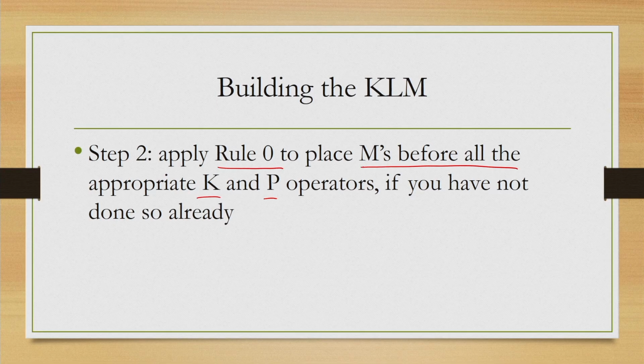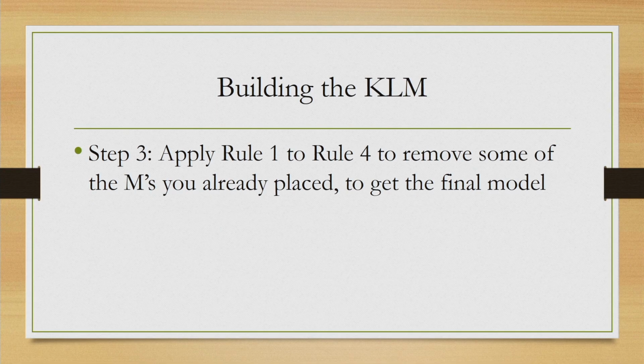So, we apply rule 0 to complete this. And then in step 3, we apply the other rules, rule 1 to 4, to remove some of the M's that need to be removed as per the rules. And after application of these rules, the sequence that we get is the final model.